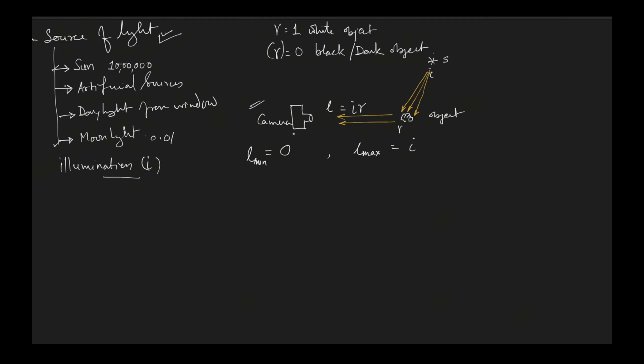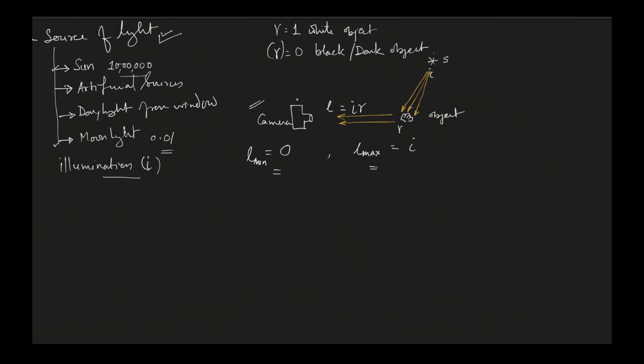Minimum is fixed at 0, but maximum is not fixed. For example, if you are taking a photo on a moonlit night, on a very low light, your maximum is very less. While on a sunny day, if there is some snow available on the scene, a lot of light will be reflected by the snow, and that will give you a lot of light to your camera system, because Lmax is I.